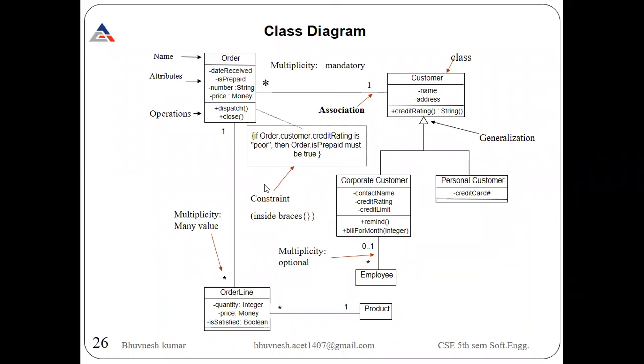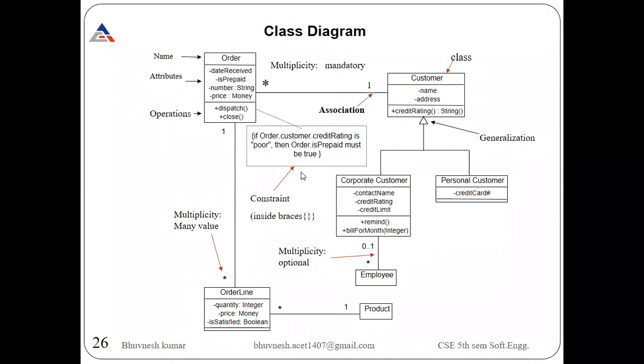Customer class. Okay, this is the complete class diagram. With this we will draw our diagram. This is an example that explains a complete class diagram. There is a one to many relationship between order and customer. There is a single customer, and he can perform multiple orders.